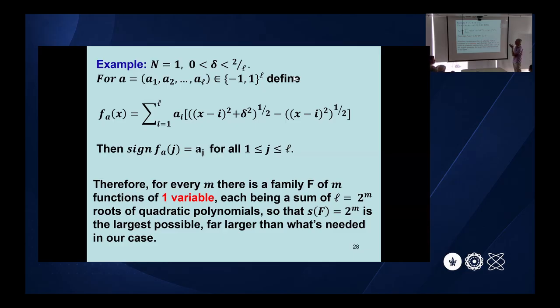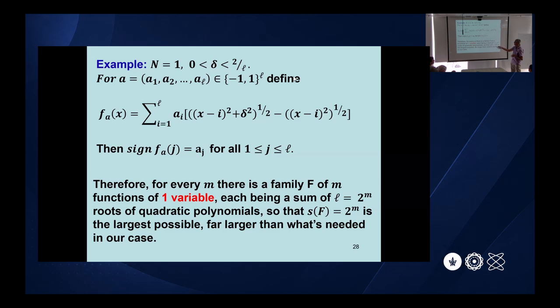We can take one small number delta and we can write this. The functions here are motivated by the fact that the derivative of the function square root x is very large when x is close to 0 and is not large when x is not close to 0.